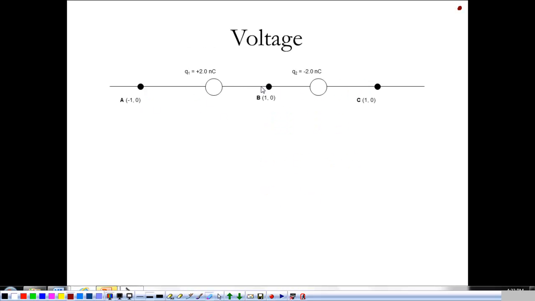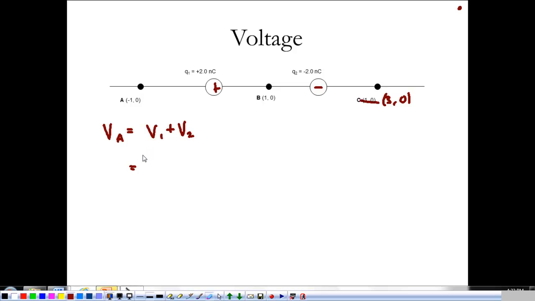Looking at this, I want to try to find the voltage at A, B, and C, which is 3, 0, due to these three charges. This one's positive due to these two charges. This one's negative. So the voltage at A is going to be the voltage from charge 1 plus the voltage from charge 2.